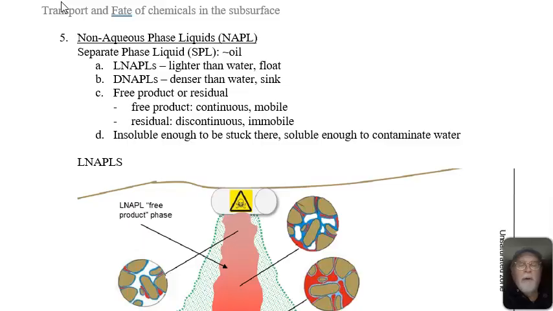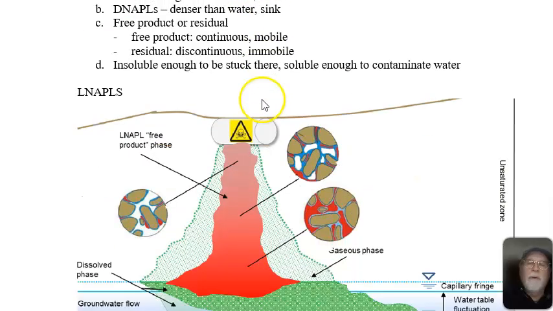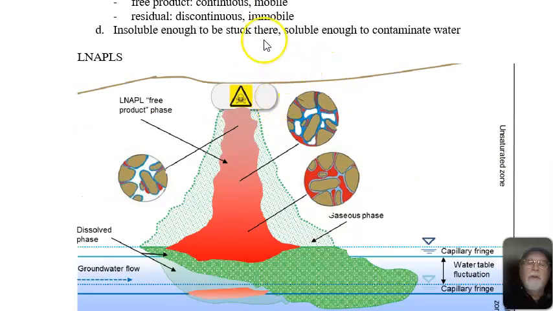It can move around. But after, and I'll scroll down here just a bit, the gasoline tank or fuel tank, a lot of the NAPLs we deal with are not gasoline. It drips down there, and as it goes down, it gets on the water table, and you have this pool of it there.